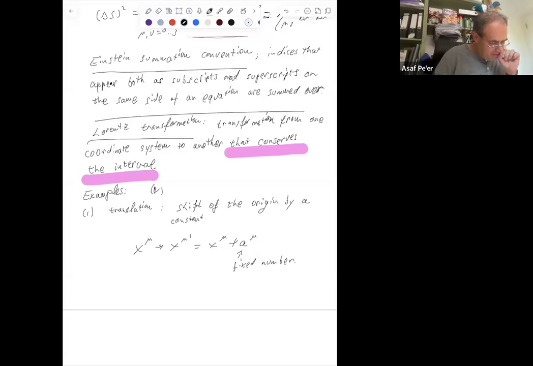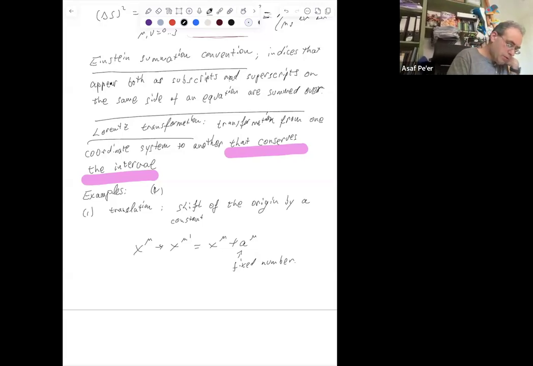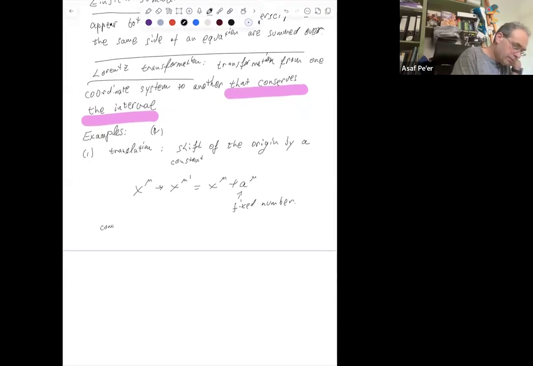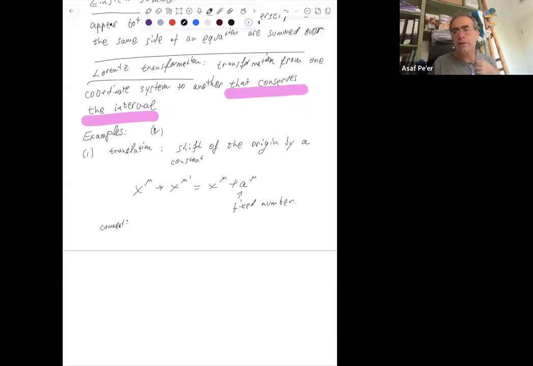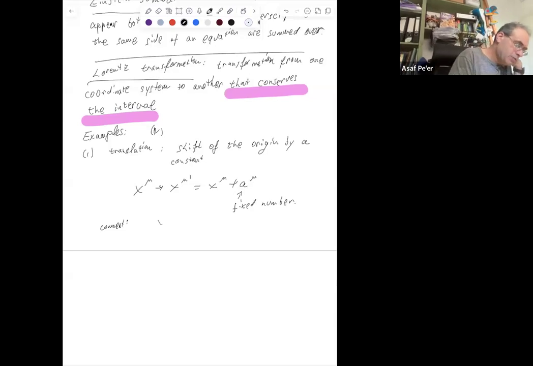Just one comment about the notation. Note that I wrote down X mu prime. I didn't write X prime mu.